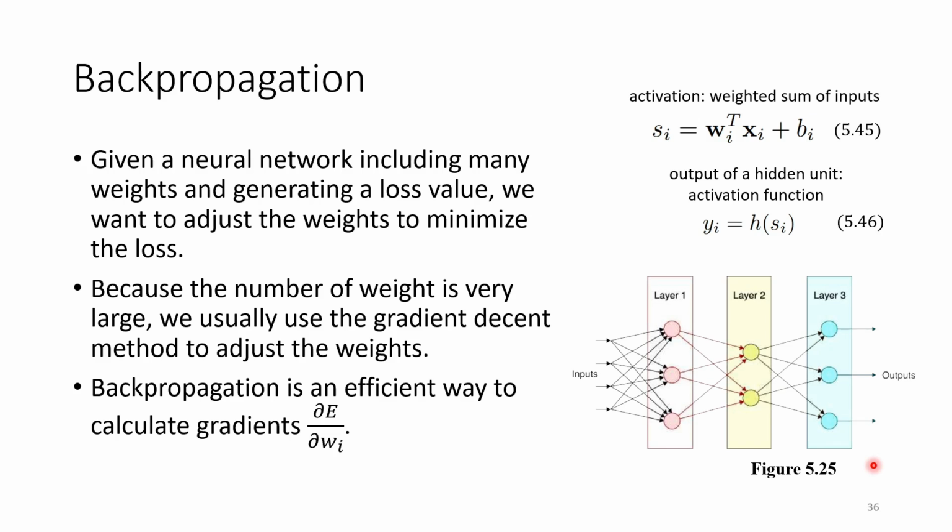Backpropagation is when we have an error from the output, we want to calculate the weights among these neurons and then propagate those errors from the last layer to its previous layer, and propagate the errors from the previous layer back to the first layer.